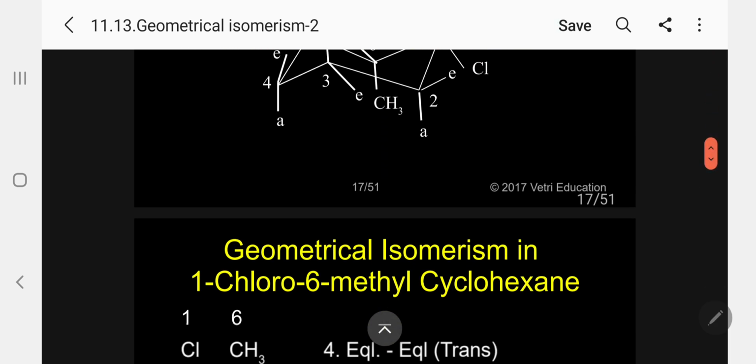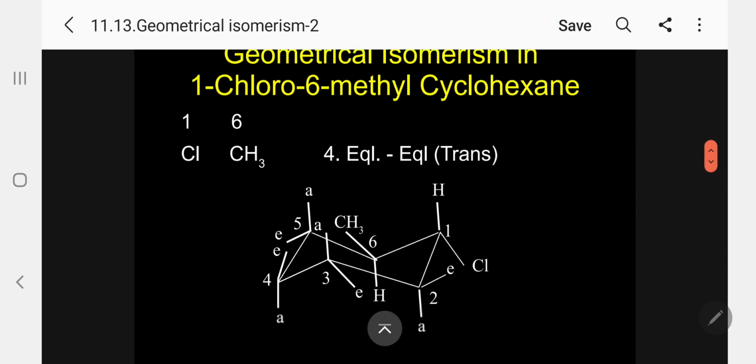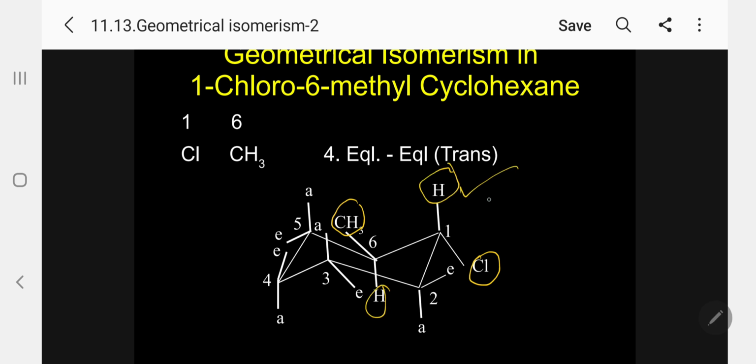Kindly follow. The fourth example: chlorine is equatorial at 1, methyl is equatorial at 6, opposite sides, trans actually. So consider hydrogen, axial, axial, trans. So it is trans isomerism 1,6.